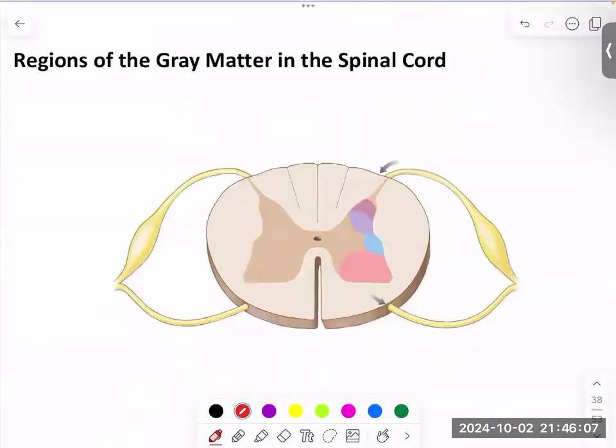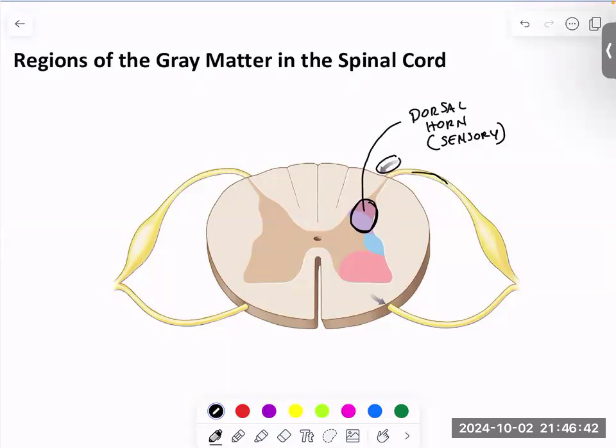The gray matter. Remind me, which one was this one? The dorsal horn. Folks, the dorsal horn is the area on the spinal cord that processes sensory information. Do you see this arrow going in?